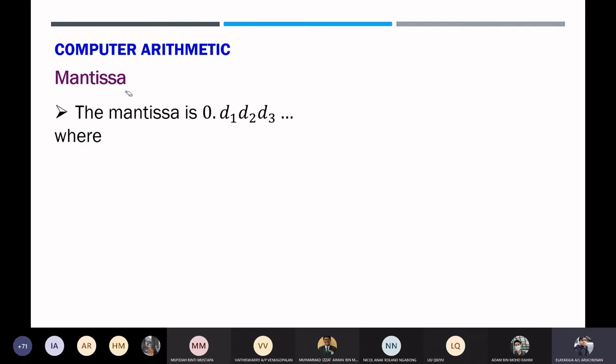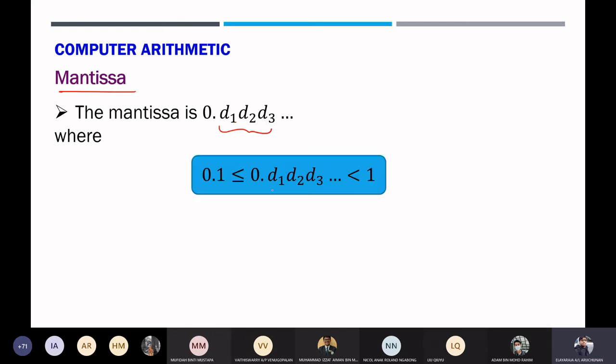As I said just now, the Mantissa is the number from 0.d1 d2 d3 and so on. This is what we call a Mantissa, which means 0 point d1 d2 d3 has to be between 0.1 and less than 1. It appears within this range.